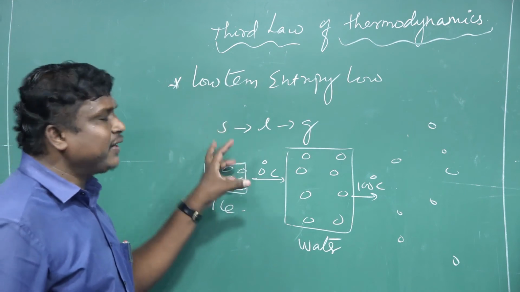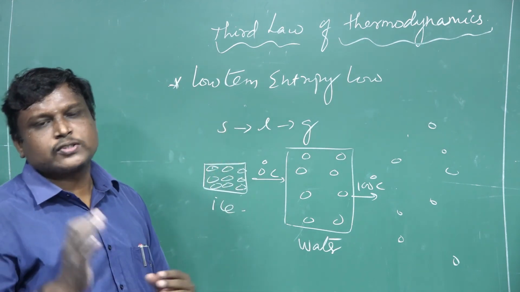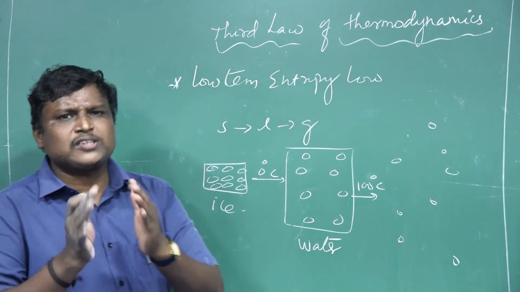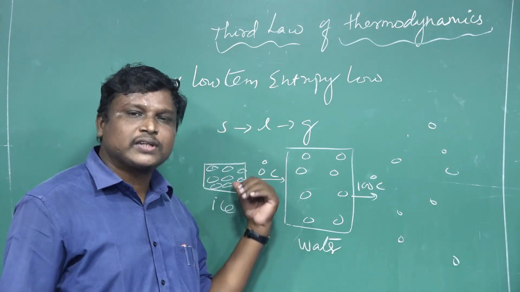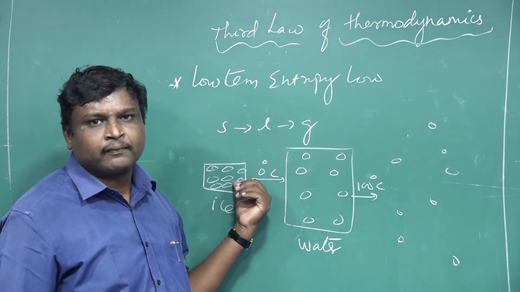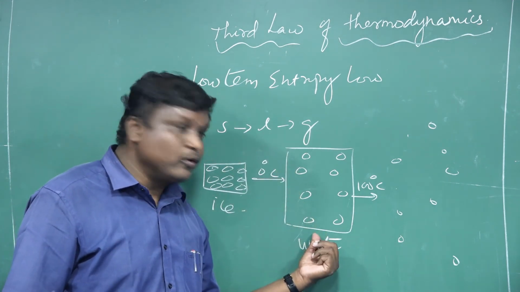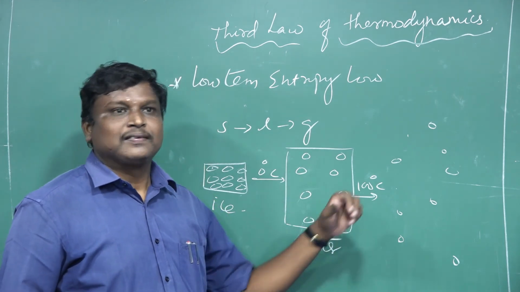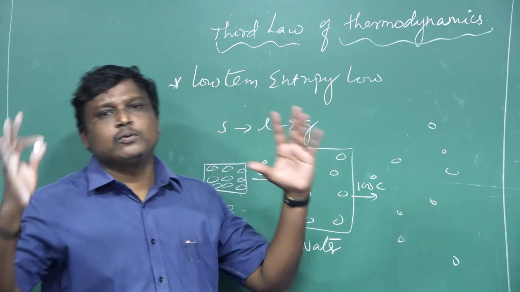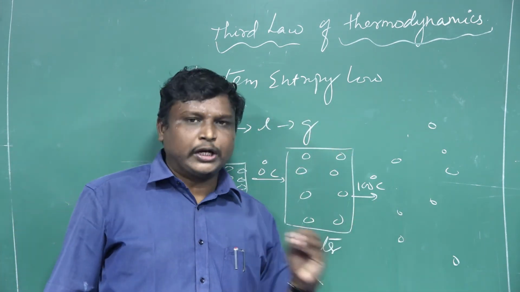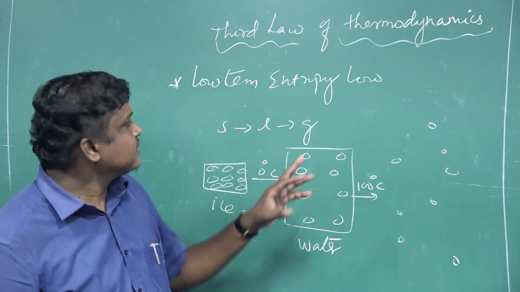Most solid materials have less entropy because the molecules are closely packed. In liquids the molecules are loosely packed, and in gases they are very loosely packed. That is randomness, that is entropy: from order to disorder.